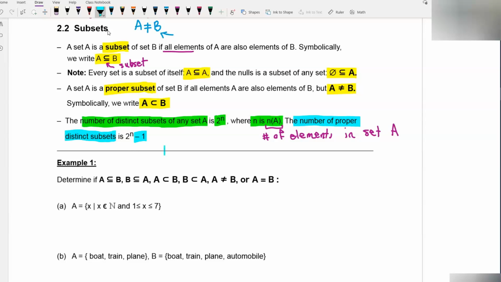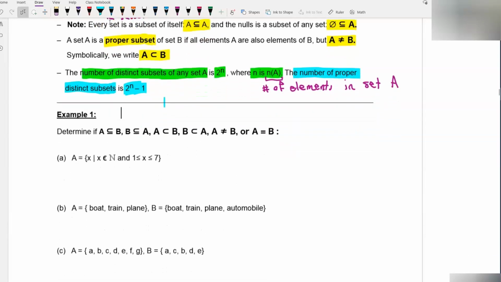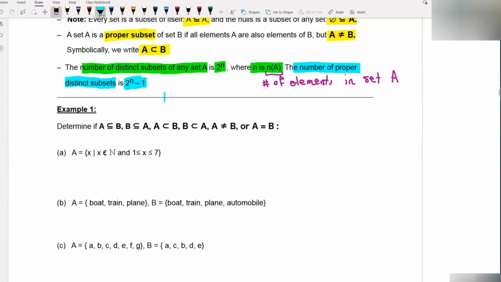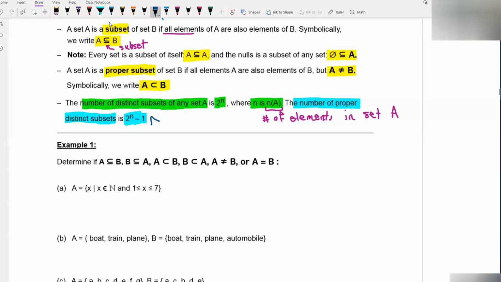This is the only difference between these two. 2 to the nth power minus 1 is to find the number of proper subsets. You have to remember these two on quizzes or on your exams. So that part is important. This one, this one.